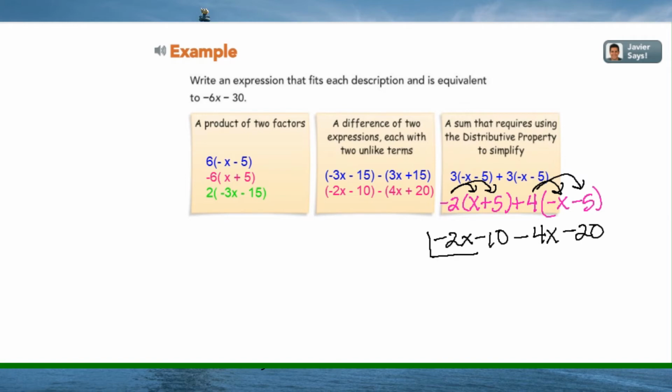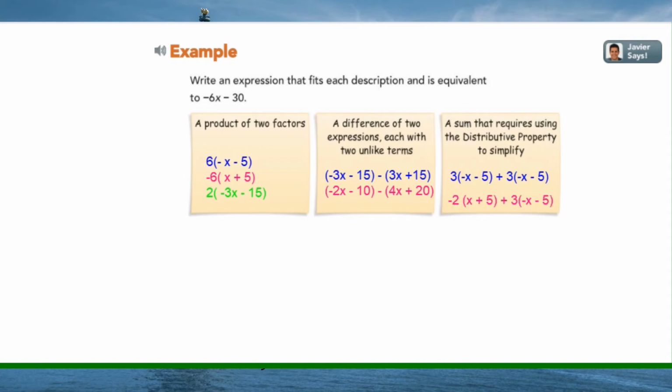Now I combine my like terms: negative 2x and negative 4x is negative 6x. Then I have negative 10 and negative 20, which is negative 30. And it brings me back to my original expression. So therefore, the expression negative 2 times the quantity x plus 5, plus 3 times the quantity negative x minus 5, is equivalent to negative 6x minus 30.